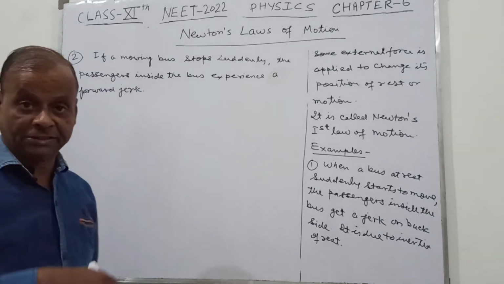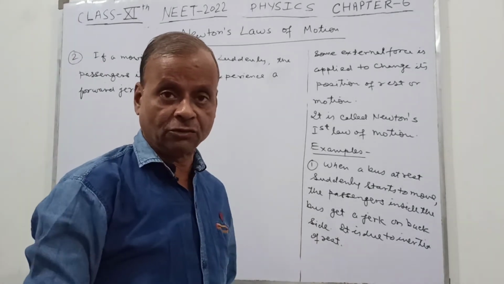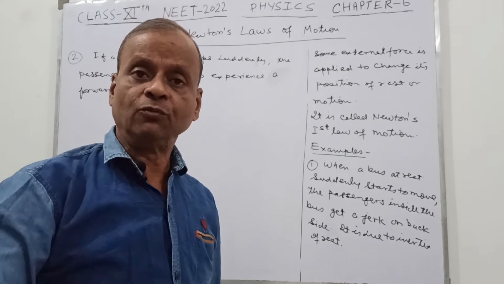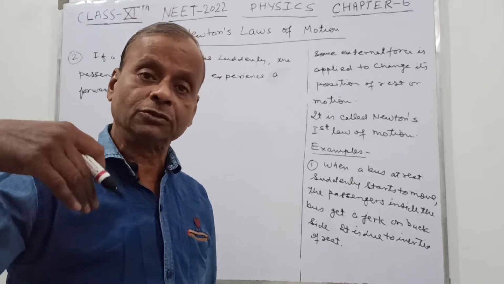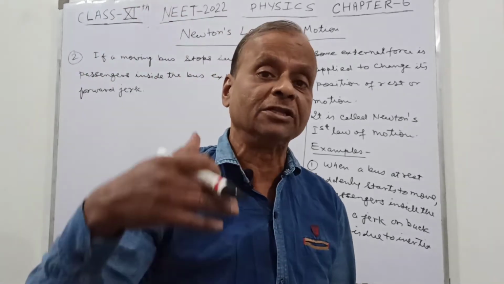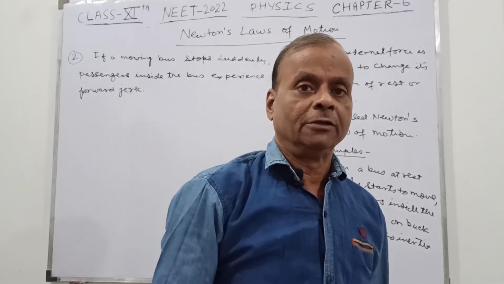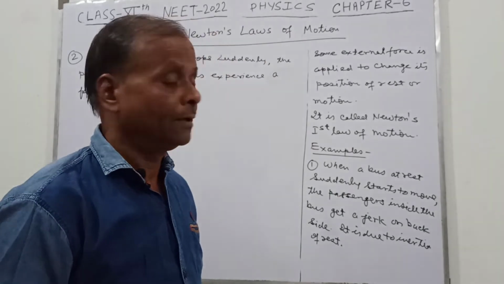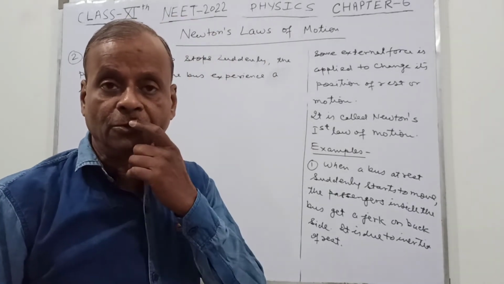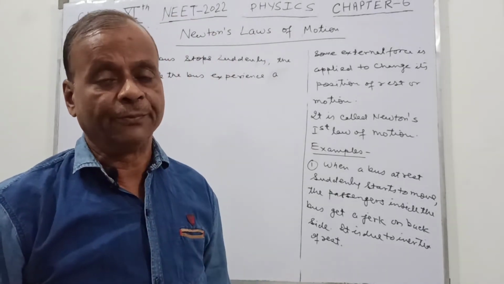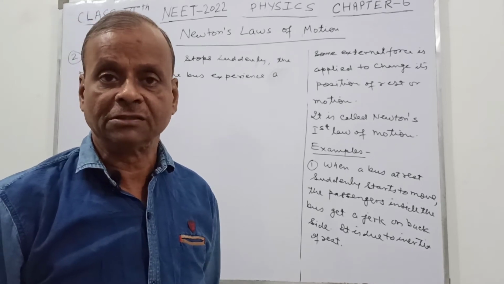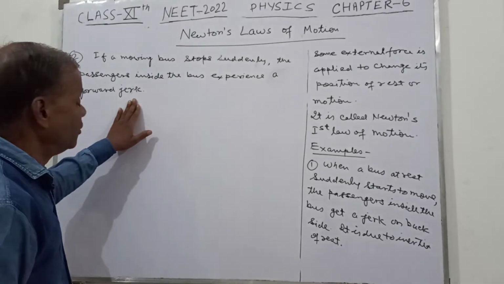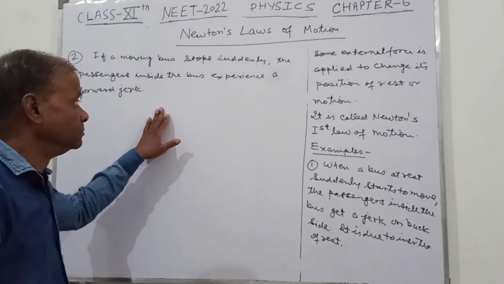So if a moving bus suddenly stops, we get a jerk, because we are moving in the forward direction, so we want to keep moving in the forward direction. Just to obtain the new position, we have to oppose the change in the motion. So this is the example of the inertia of motion.